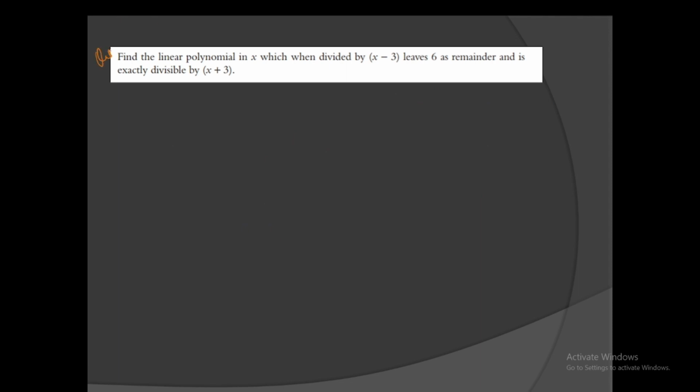Now the second question says: find the linear polynomial in x which when divided by x minus 3 leaves the remainder 6 and is exactly divisible by x plus 3. We need to find the linear polynomial, so the degree of p of x is 1. Say p of x equals x minus 3 into q of x plus 6.